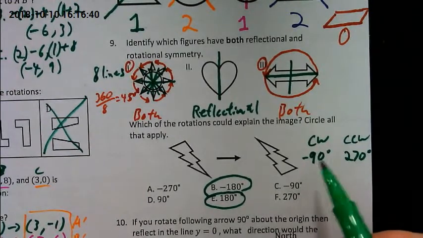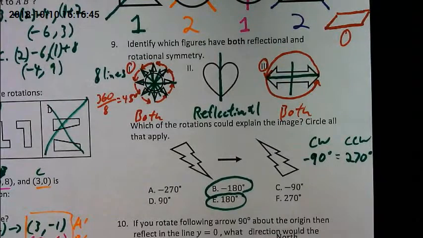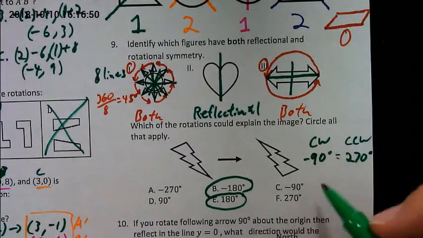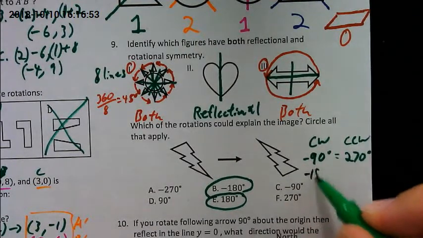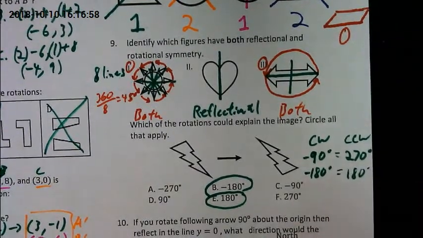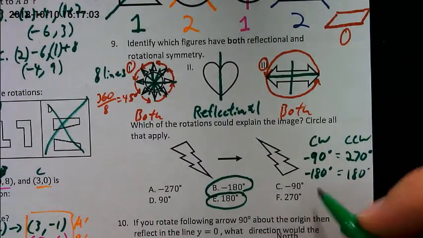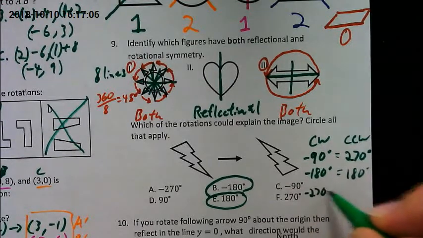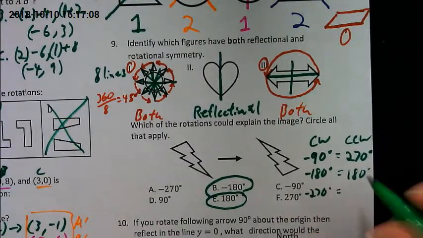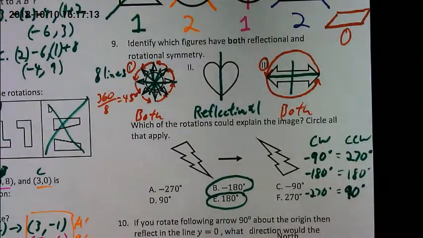Your image 90 degrees clockwise or 270 degrees counterclockwise are the same. So negative 180 goes clockwise. Positive 180 goes counterclockwise. They end up in the same place. Negative 270, which would be clockwise, is equal to positive 90, which would be counterclockwise.